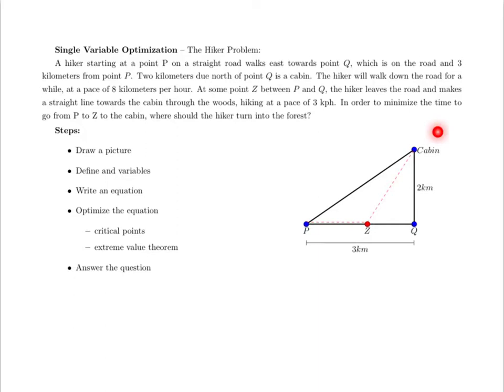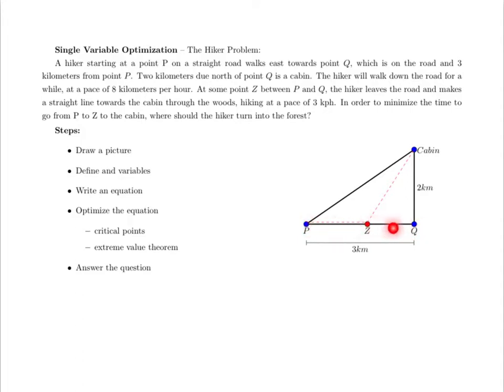So first things first, let's define some variables and try and determine what we're actually going to be finding. Well, the funny thing about this problem is that the point Z here could be anywhere along this road. It could be at P, it could be at Q, but likely it is somewhere in between.